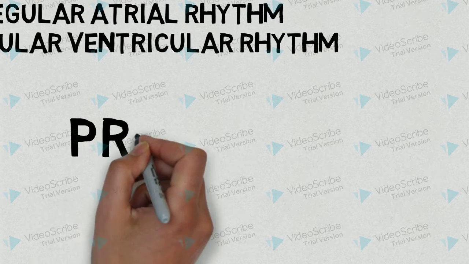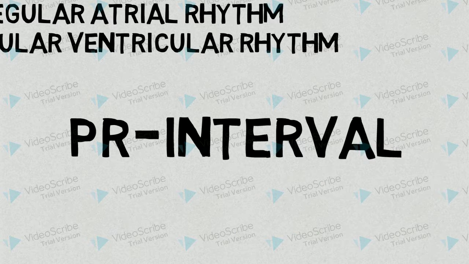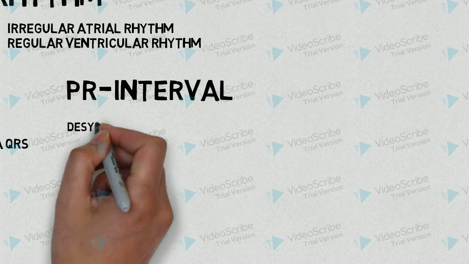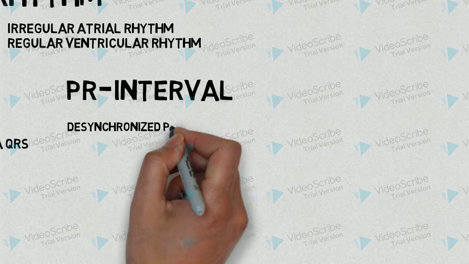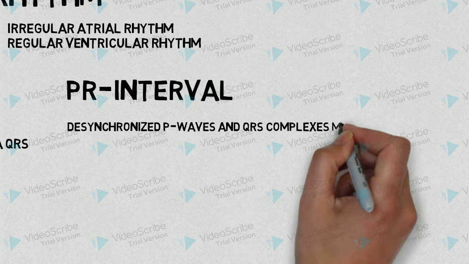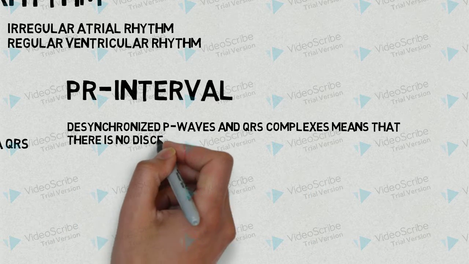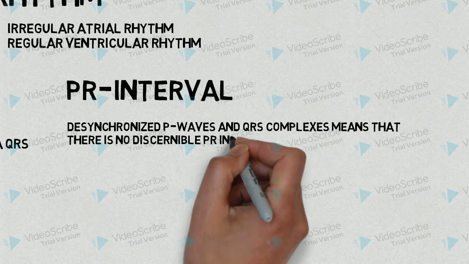Now to our fourth step, our PR interval. Since we have a desynchronization between the P waves and our QRS complexes, it means that we do not have a discernible PR interval, which means this is negligible.